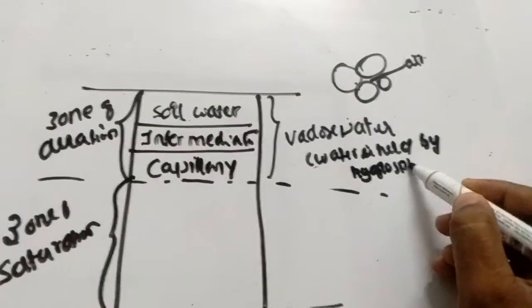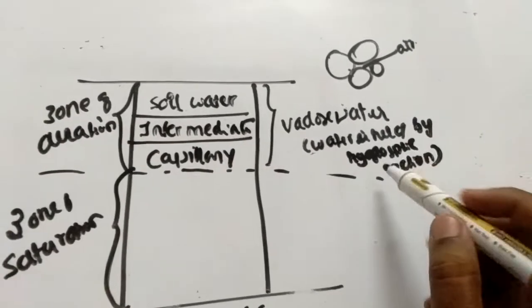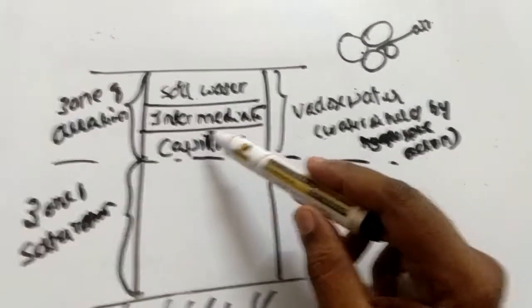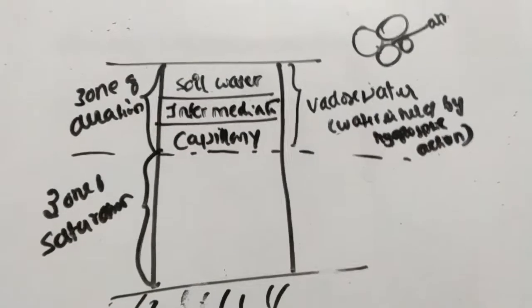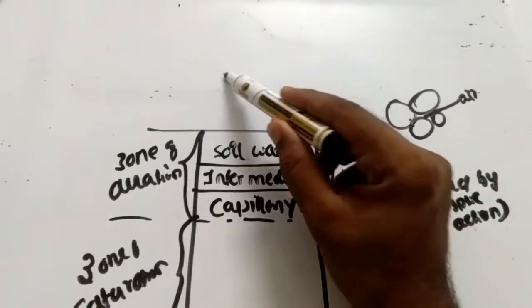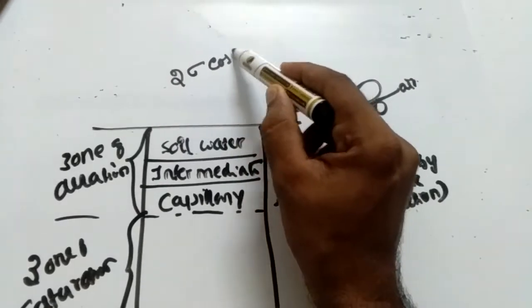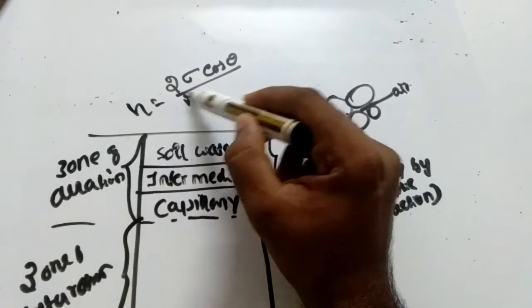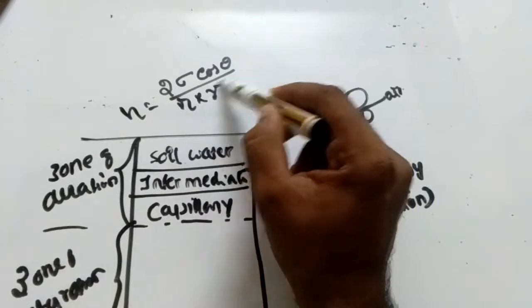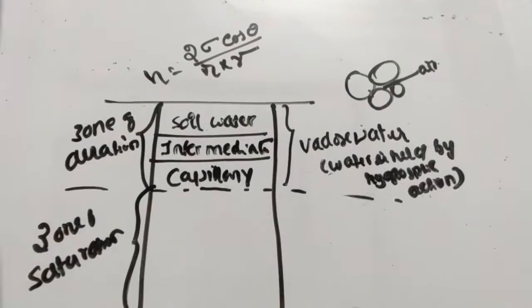Hygroscopic action. Capillary rise. We know that the formula is 2 sigma cos theta divided by r into gamma, where gamma is the specific weight of water.